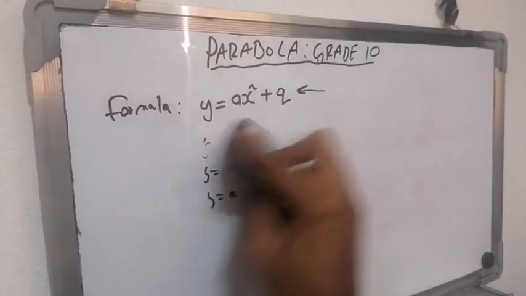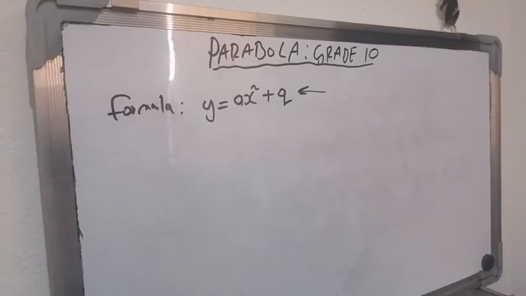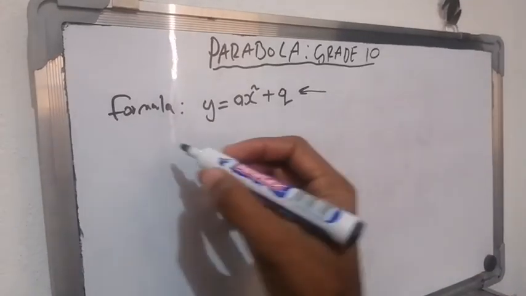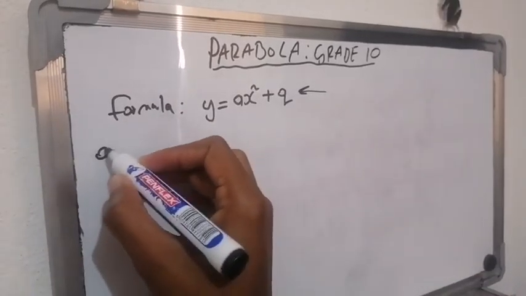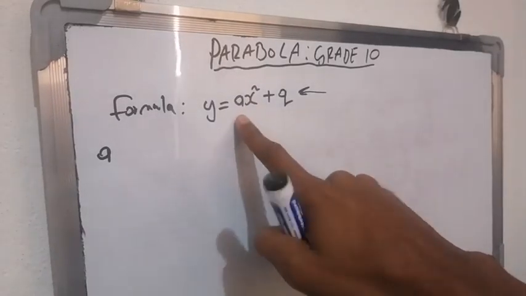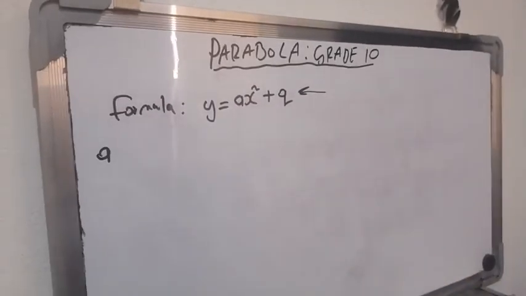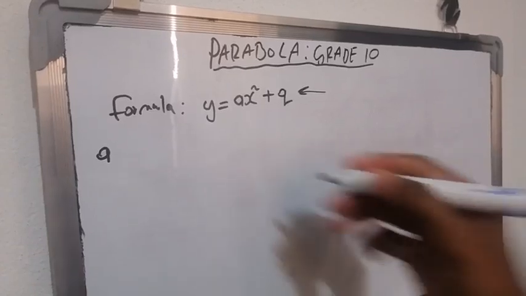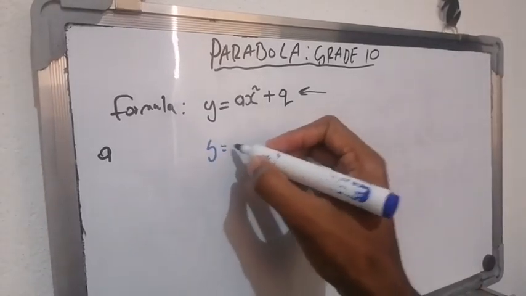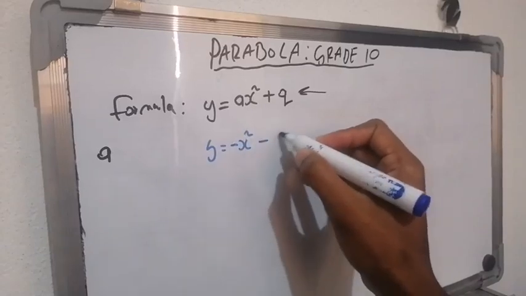Now, I want you to look at this formula and understand what a does on the formula. Remember, a will be represented by a number, q will also be represented by a number. For example, here is the formula of a certain graph: negative x squared minus 5.